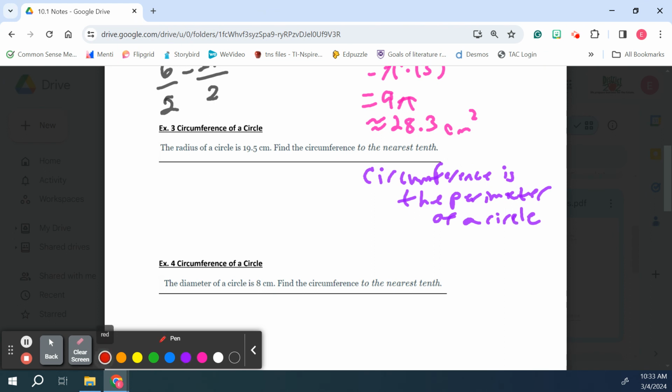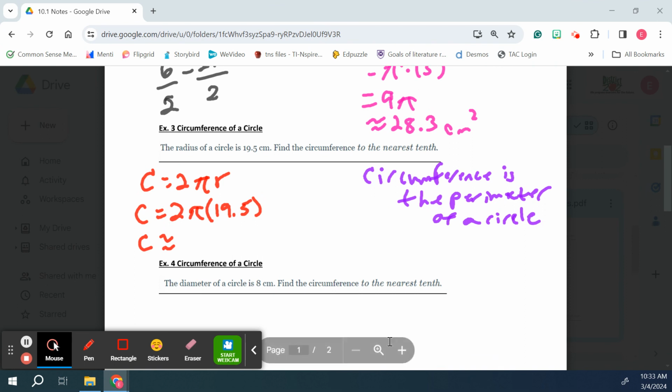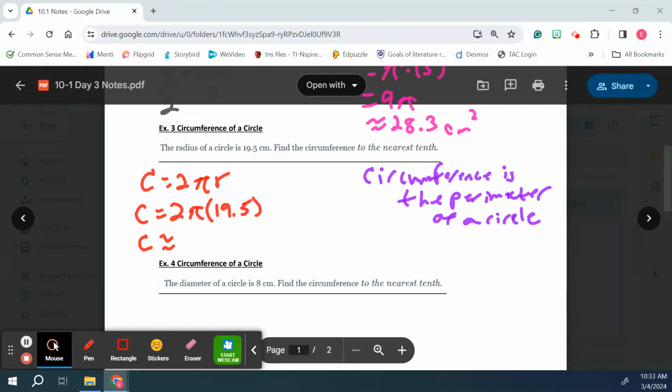If we're going to apply the circumference formula, it is 2 pi times the radius. We substitute that in. This is 2 times pi times 19.5. And they want us to round to the nearest tenth. Someone tell me, what is the solution for this?